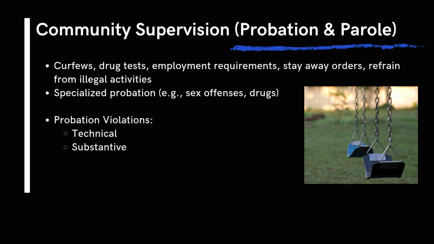Technical is when an offender violates the rules of probation, maybe misses curfew or a meeting with a probation officer or failed a drug test. Substantive is when the offender commits a new crime. When the violation goes to court, the offender is essentially facing the same sort of process when the offender was first arrested, no matter if it was technical or substantive.